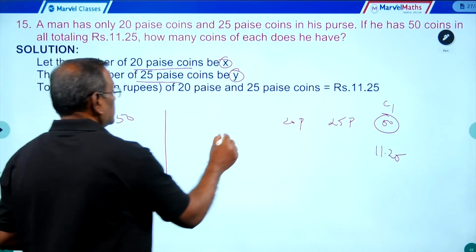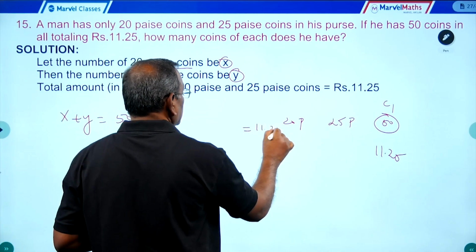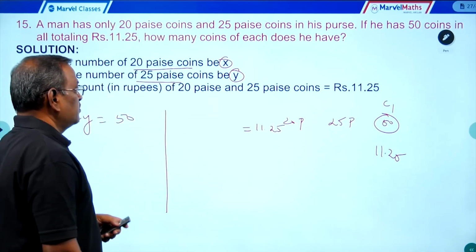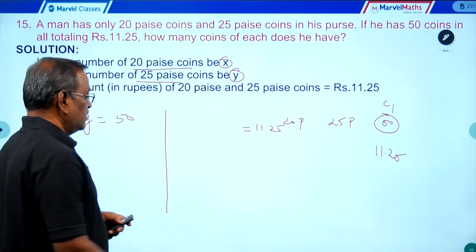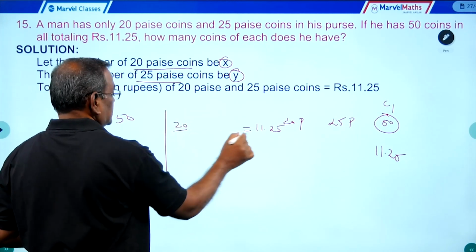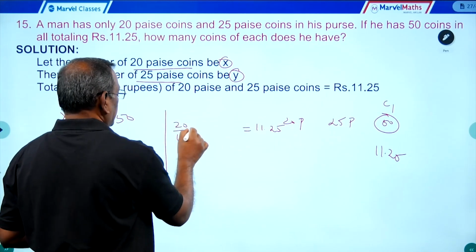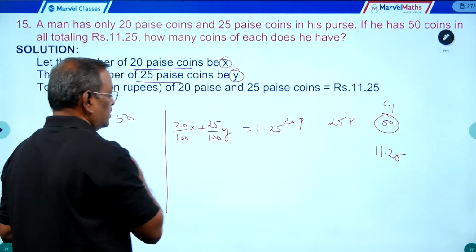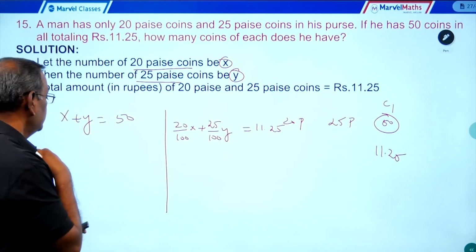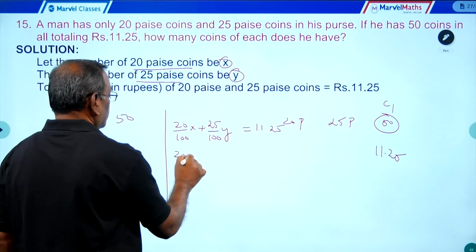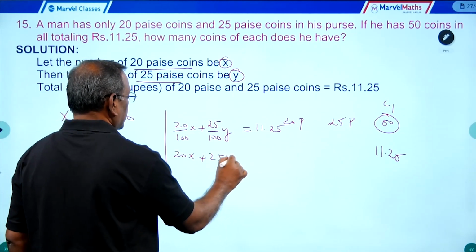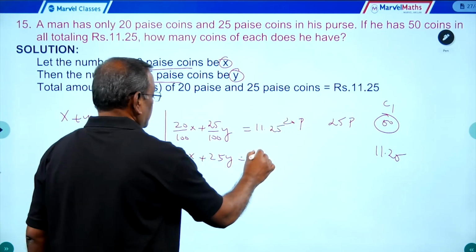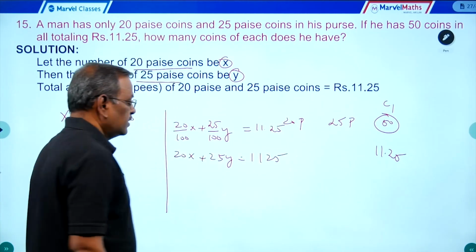The total amount is 11 rupees 25 paise, so 20 by 100 into x plus 25 by 100 into y equal to 11 rupees 25 paise. If you simplify this, multiply by 100: 20x plus 25y equal to 1125.